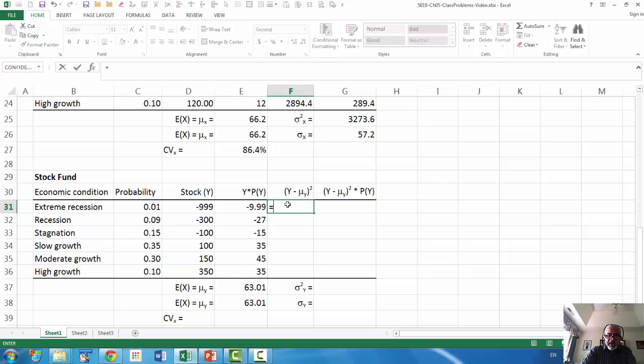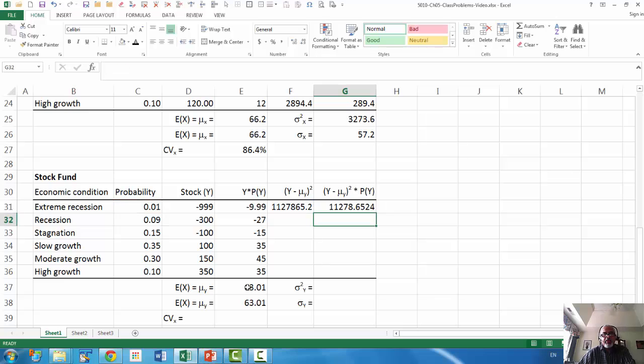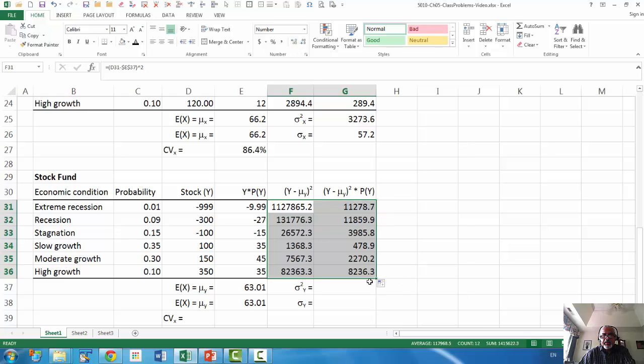And then we have Y minus the mean of Y, that should be absolute referenced. Square that. And then the squared deviation multiplied by the probability. Now copy that.